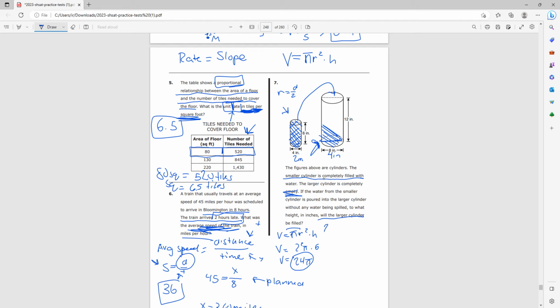So we're doing 24 pi is equal to pi 4 squared times h. So 24 pi is equal to pi 16h. 24 is equal to 16h, and h is equal to 24 over 16, which is 1.5. So the height is going to be 1.5.